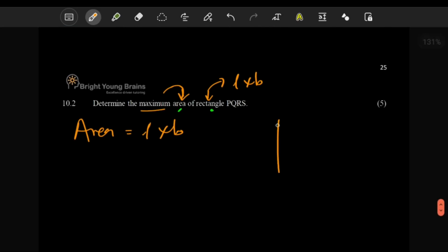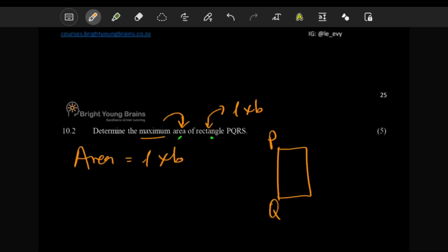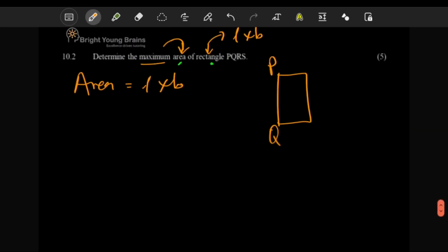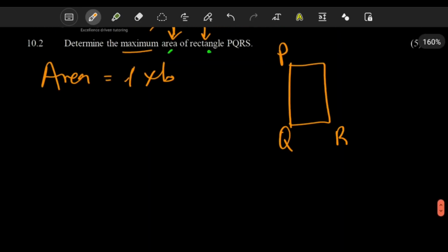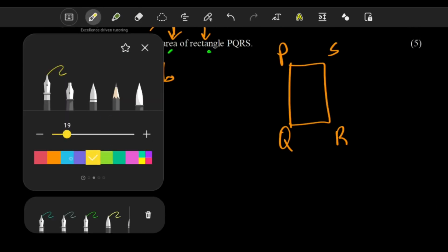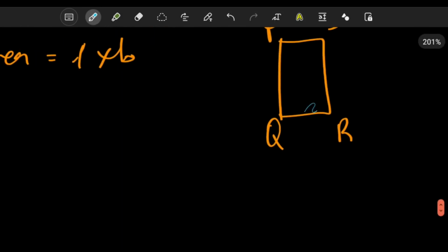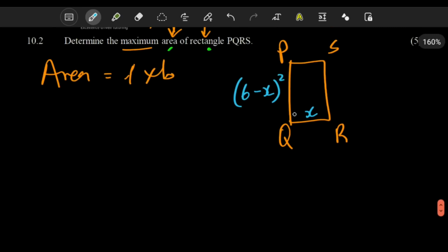If you draw your shape, there's P, Q, and then R and S. Some of these questions are just extra for nothing, like legit. Are you trying to be scary or what? Here we have identified that this is x. We have identified that this is 6 minus x squared. And then this is the length of the area here. It's already in terms of x.